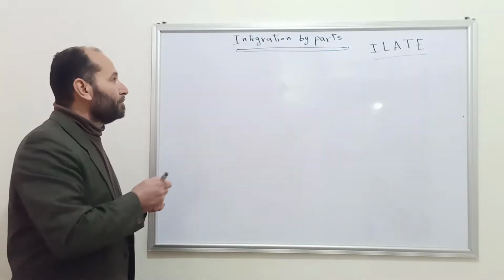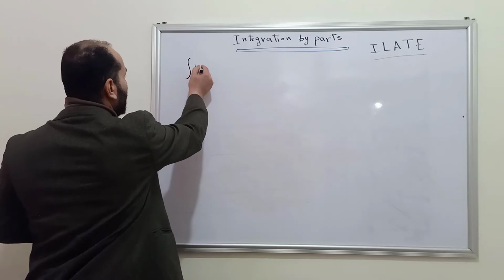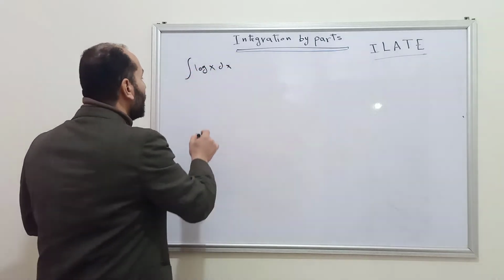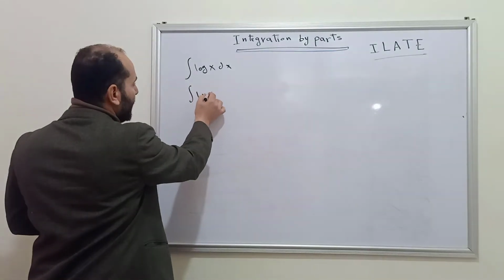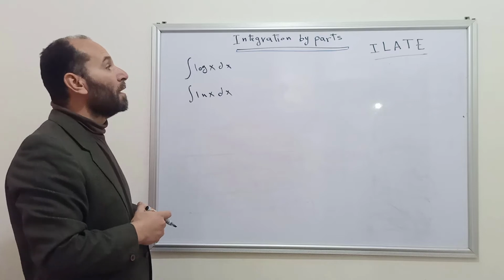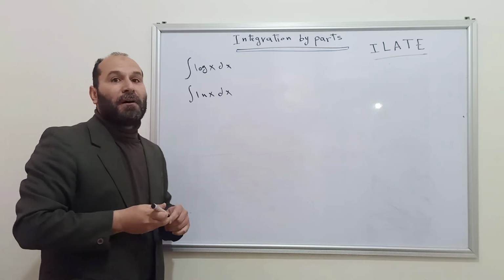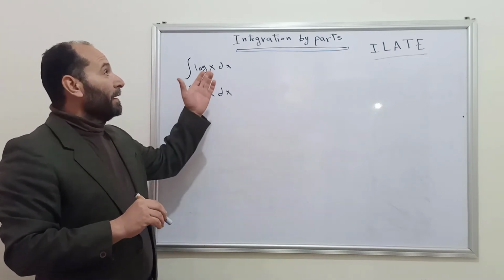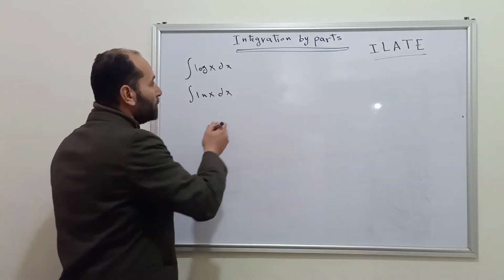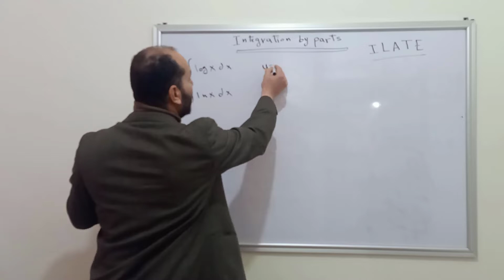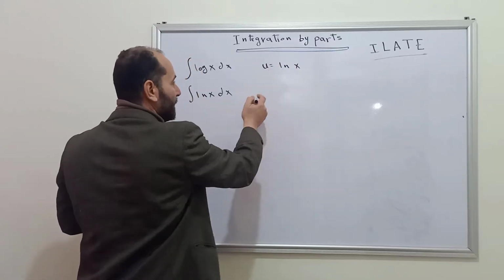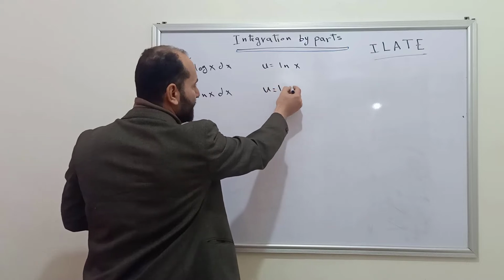If we integrate a logarithmic function or an inverse trigonometric function alone, for example integrate log x dx or ln x dx to the base e, we use the second rule in integration by parts. We make u equal ln x.